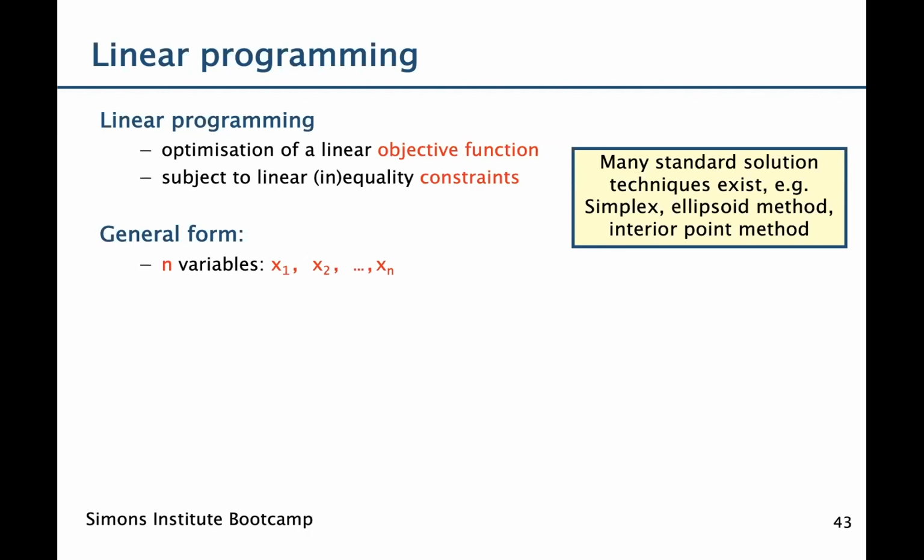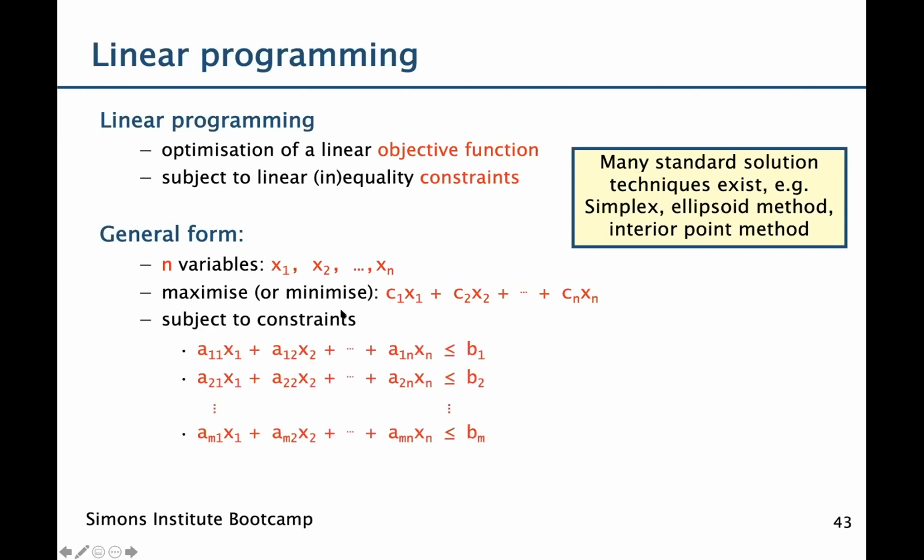So in its general form, we've got a number of variables. Let's say we've got n variables x1 up to xn. Then we want to maximize or minimize some linear combination of these variables. So c1 up to cn are constants, and we want to maximize or minimize this sum, and then we have a number of constraints.